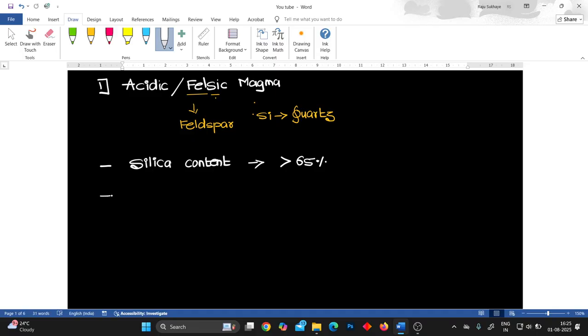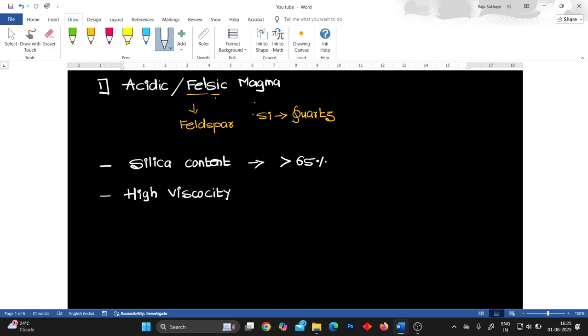The high concentration of silica in that magma results in high viscosity of the magma as well.